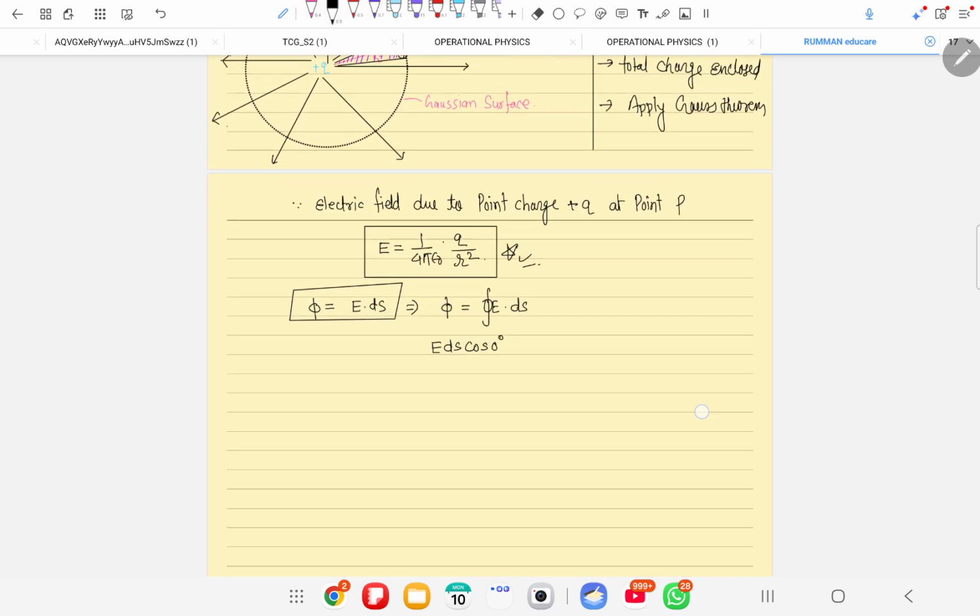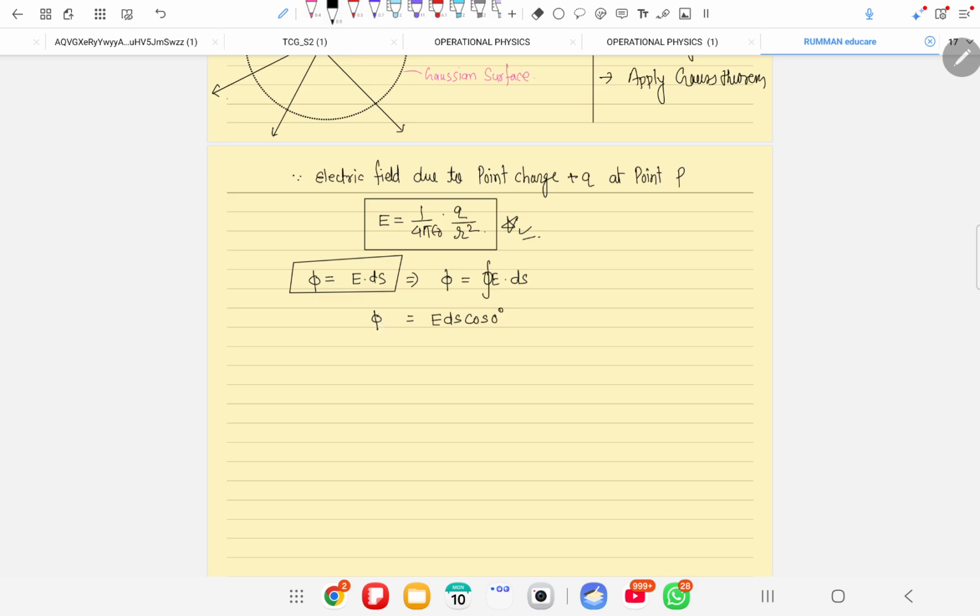Because the ds vector is parallel to the E vector. So phi is equal to E ds, which is 1 by 4 pi epsilon naught q by r square times the integral of ds. For the closed surface, the boundary value will be 4 pi r square, so phi is equal to 1 by 4 pi epsilon naught q by r square into 4 pi r square. The 4 pi cancels out, r square cancels out.